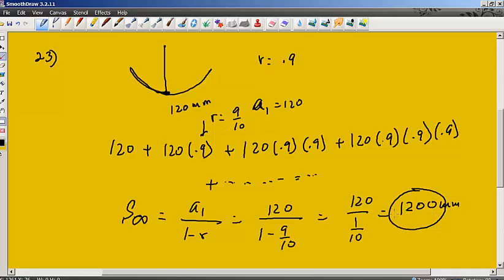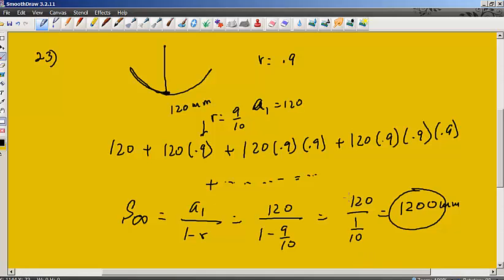So what it's saying is, if it keeps going forever, it will never go beyond 1200 millimeters. It'll get closer and closer, but that's the maximum.